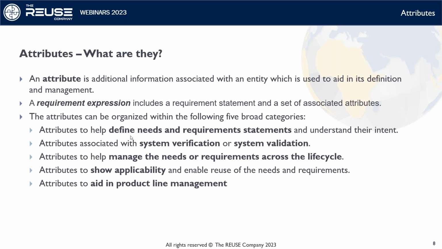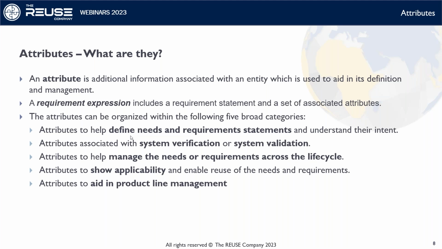Then there are attributes connected to our need of perhaps showing applicability. Not all requirements are applicable at every moment, and we might need applicability type attributes which will help us understand what requirements are valid and which requirements are not.